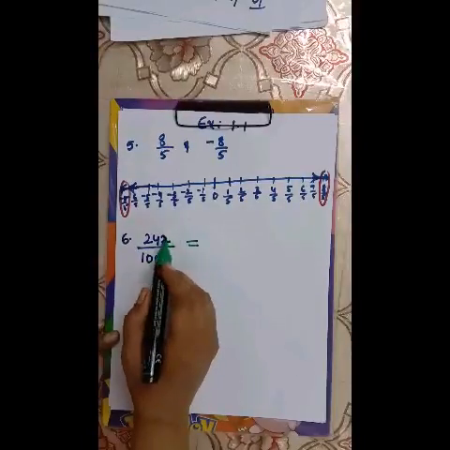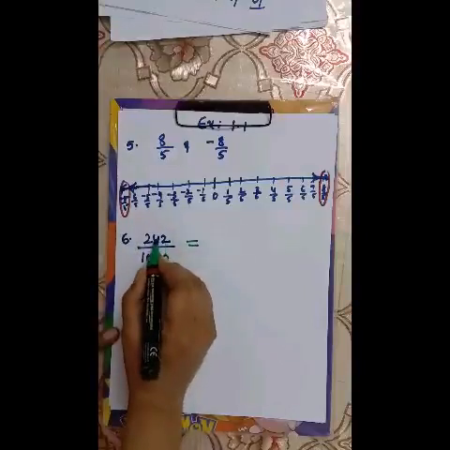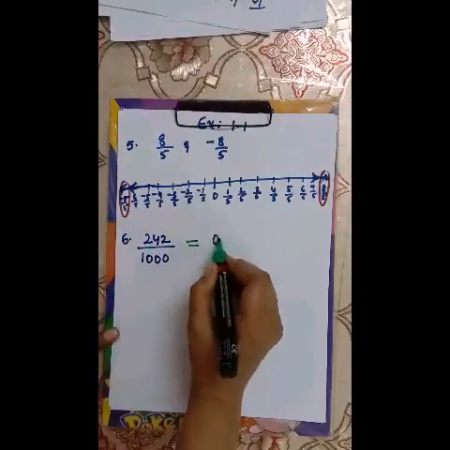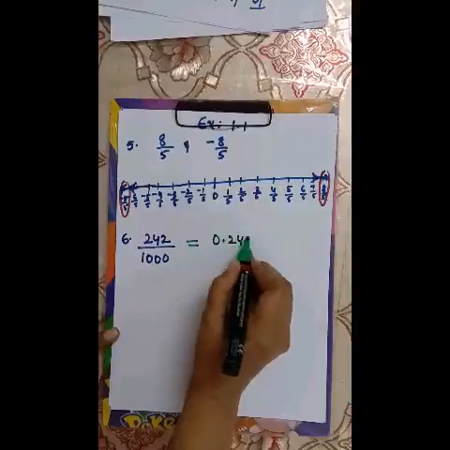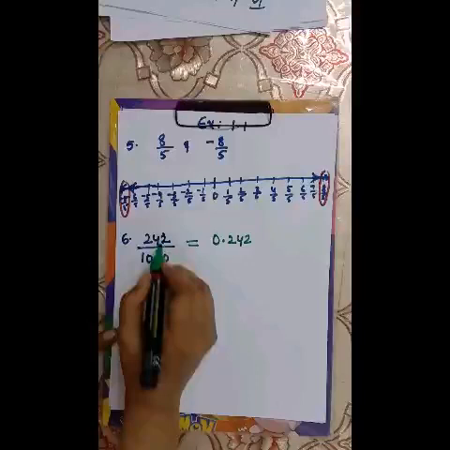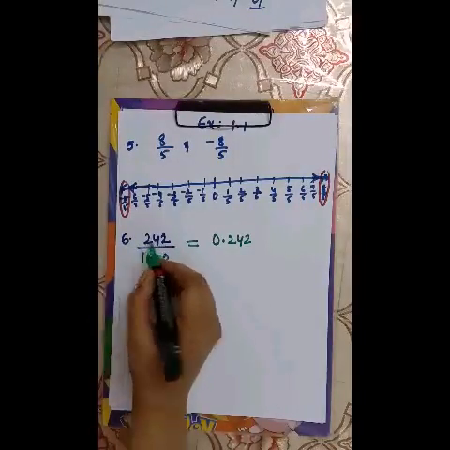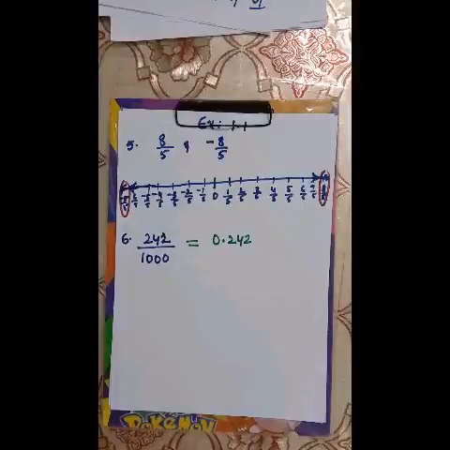So you are going to move your point to this side, that is 1, 2, 3. 0.242. That many digits you have to count and move. 1, 2, 3. So 0.242. Now next question.